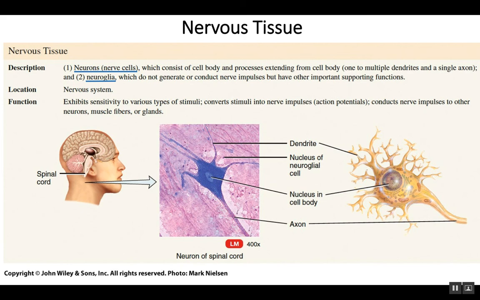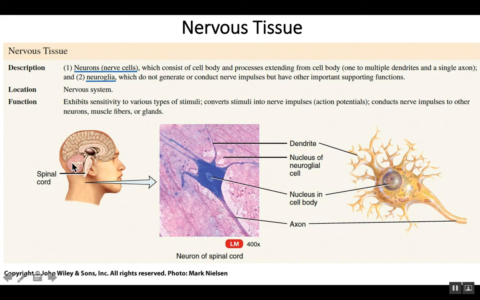We can get sensory information into the brain, or we can have the brain control something by sending out nerve impulses. The neuroglial cells we'll learn much more about when we get to the nervous system. They have some sort of supporting function. They help the neurons. But obviously, where would you find this tissue?